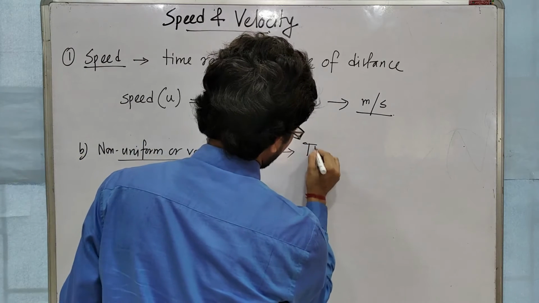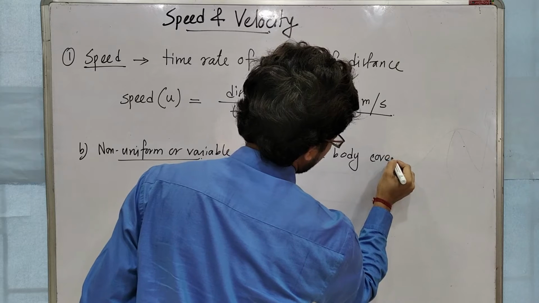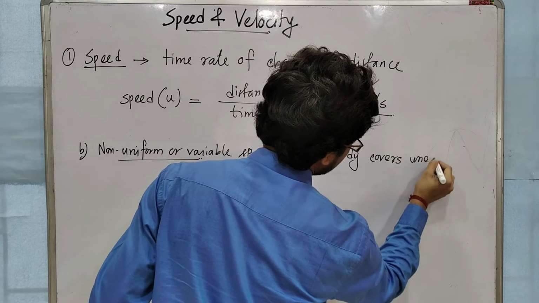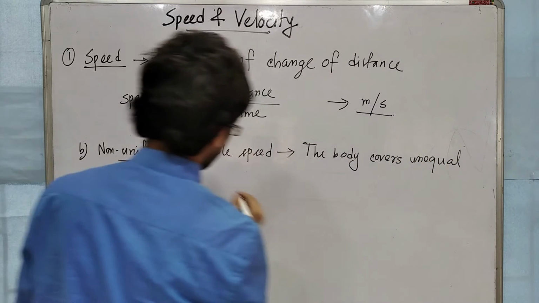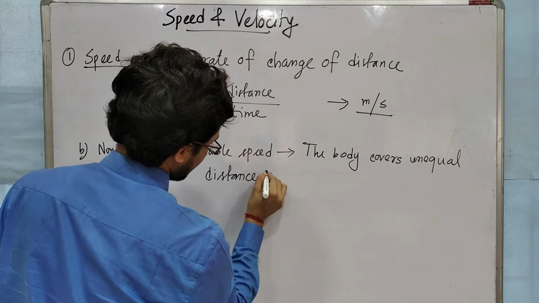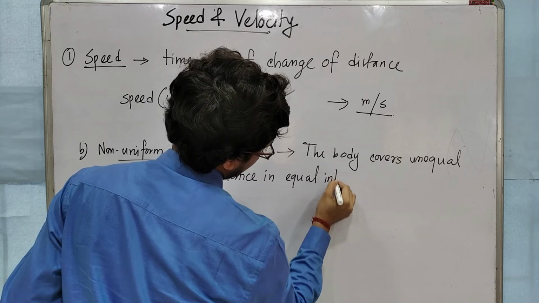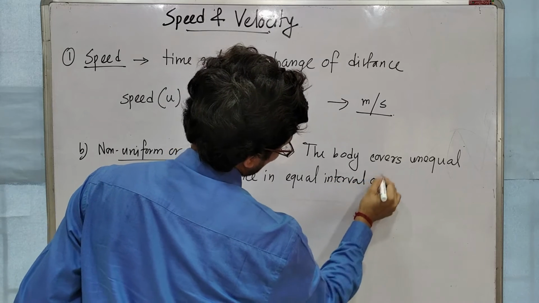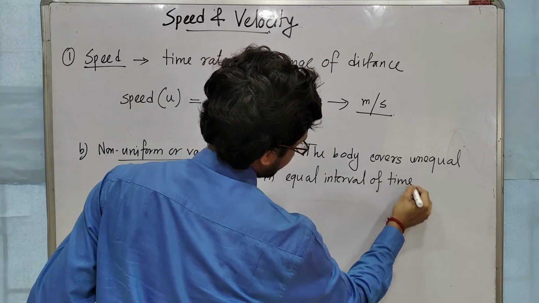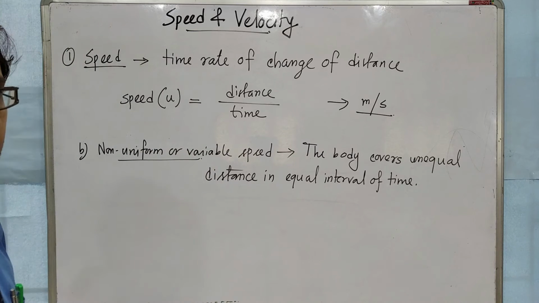So the body or the object covers unequal distance in equal interval of time, then non-uniform or variable speed.